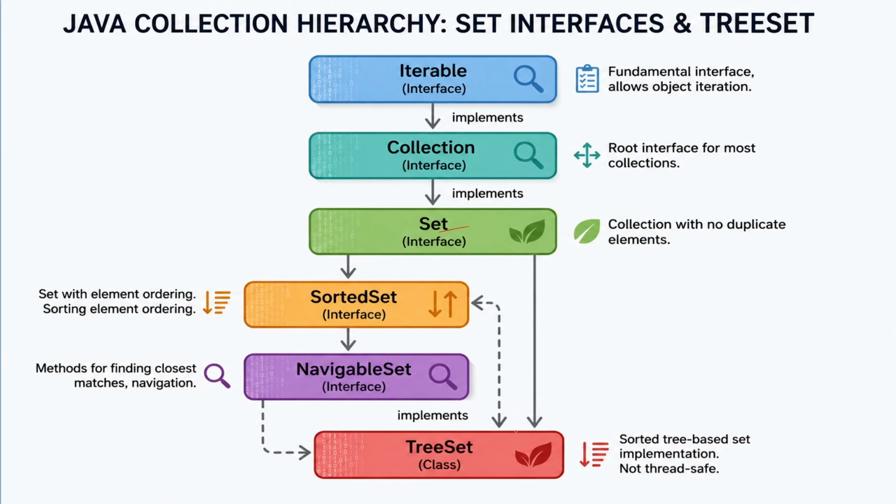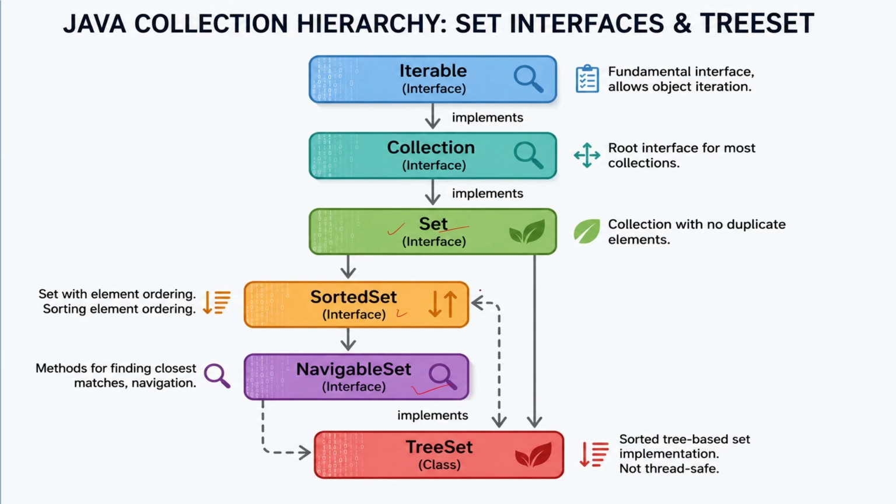But TreeSet does not directly implement the Set interface. Instead, it implements NavigableSet, and NavigableSet is the child interface of SortedSet, and SortedSet is the child interface of the Set interface. So that is the hierarchy.